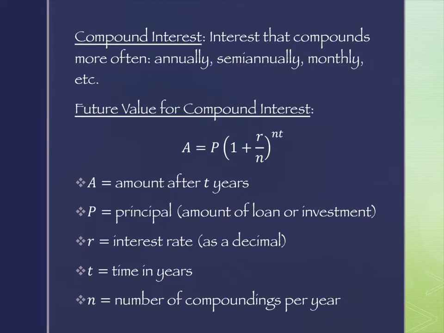So compound interest kind of works both for you and against you, depending on whether you're loaning or investing. So a couple of things to be aware of and to be careful of when you use the compound interest formula. I'd like for you to notice that the exponent NT, both the N and the T, are in the exponent.